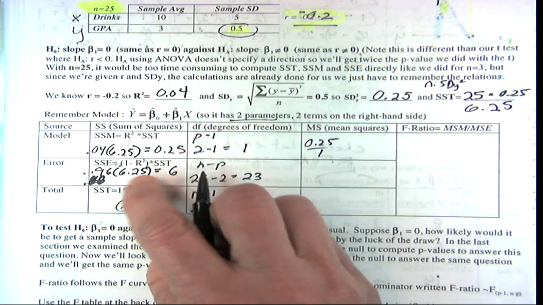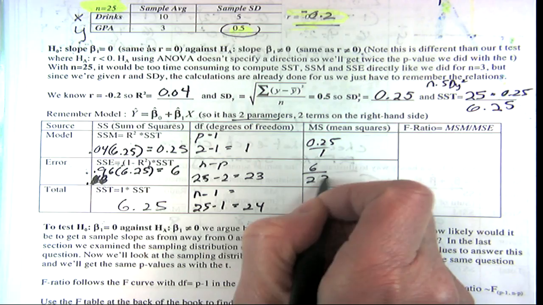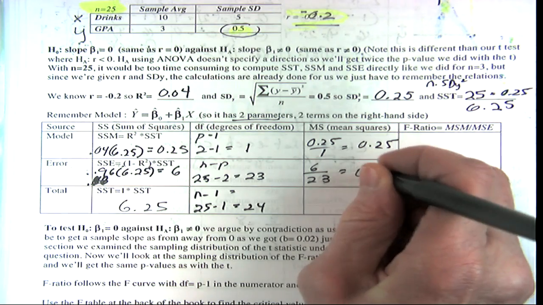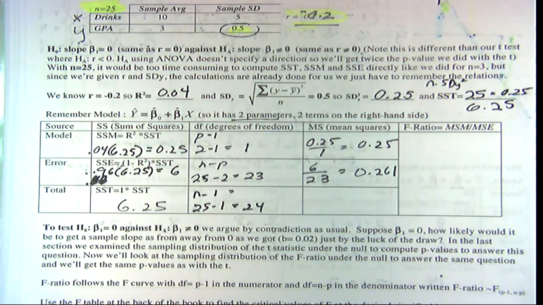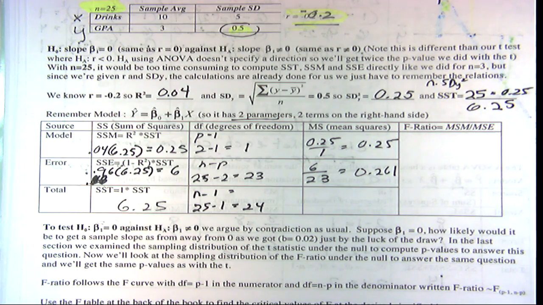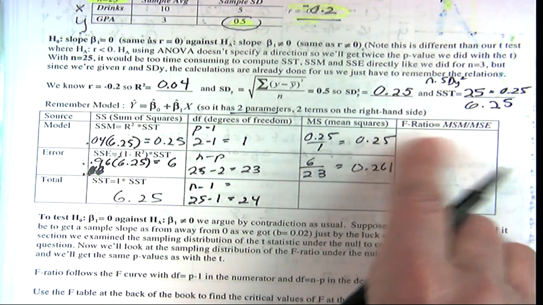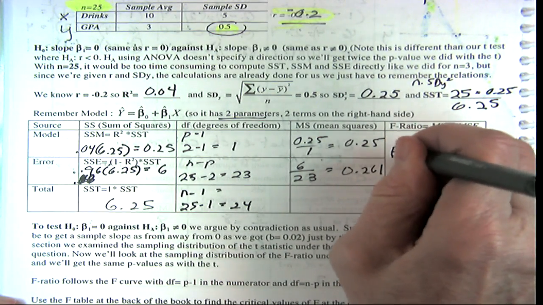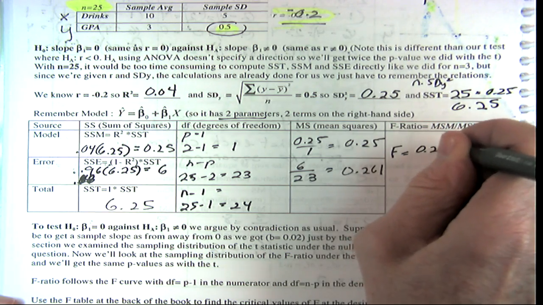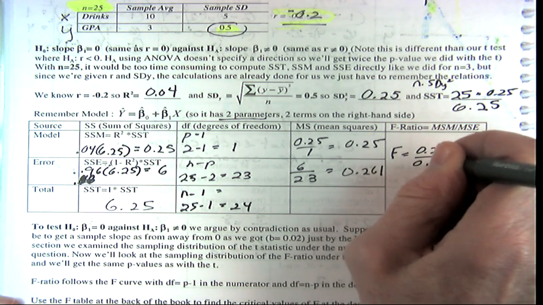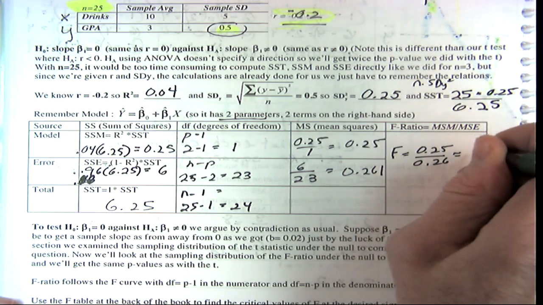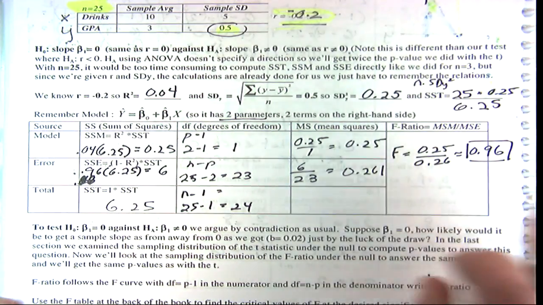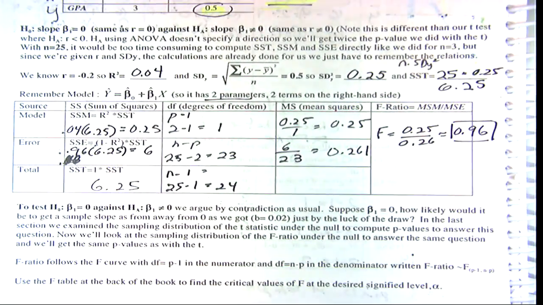And for the errors, it's 6 divided by 23, which is 0.261. And then this F ratio is just the ratio of the mean square model to the mean square error. So our F statistic is 0.25 divided by 0.261, which is about 0.96, almost 1. All right, so that's our F stat.